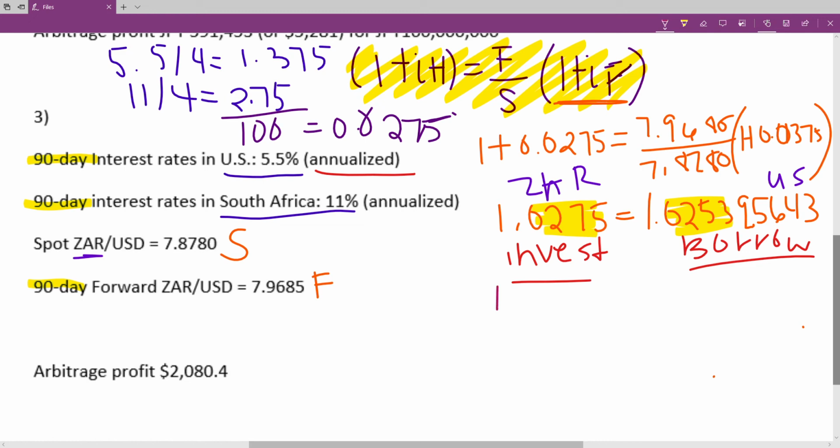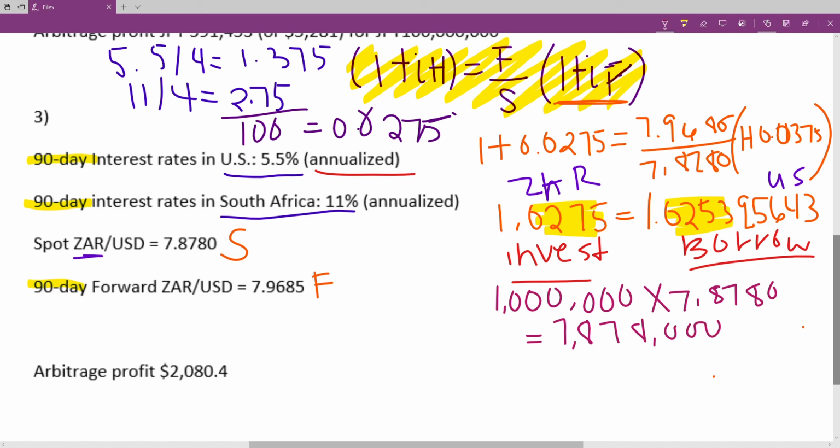So here we're going to use $1 million as our invest money, and then multiply it by our spot so that we can get it in the South African ZAR. So right here we're doing currency conversion. This equals 7,878,000, and this is our ZAR, right?